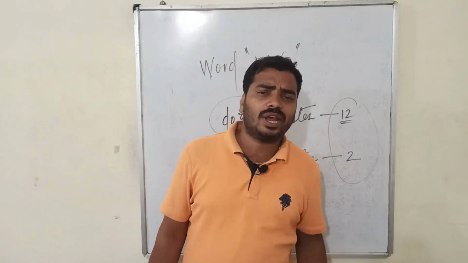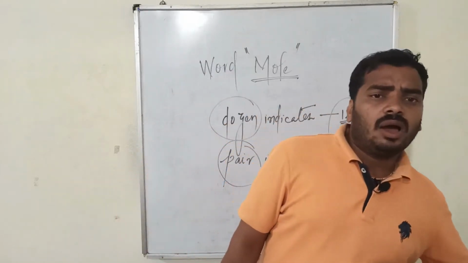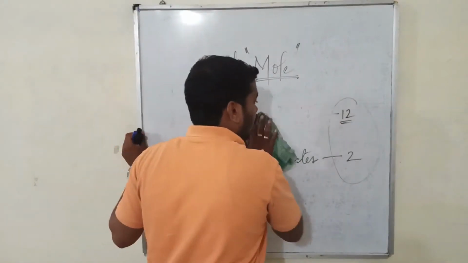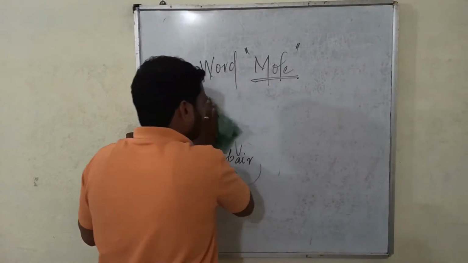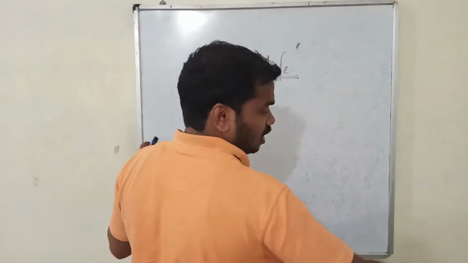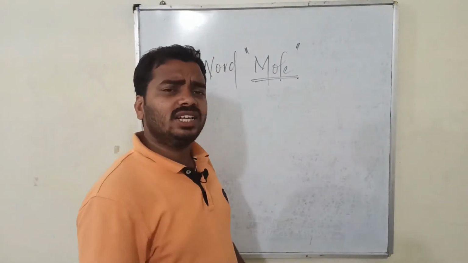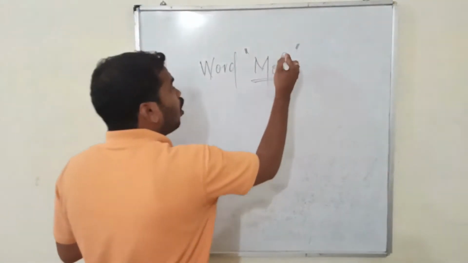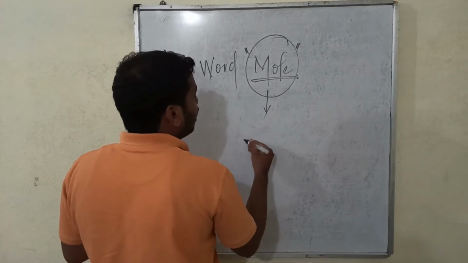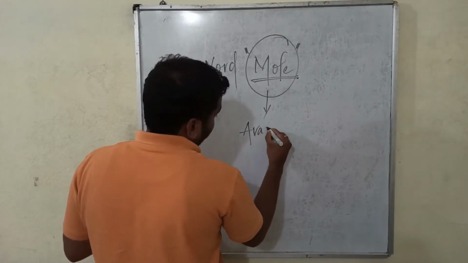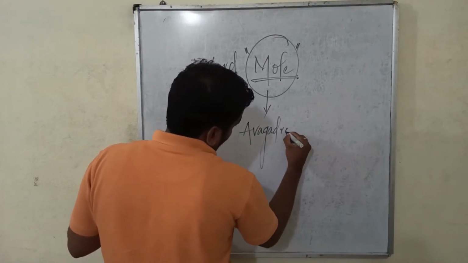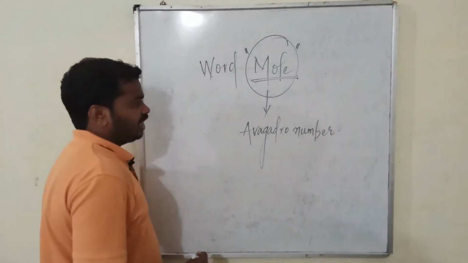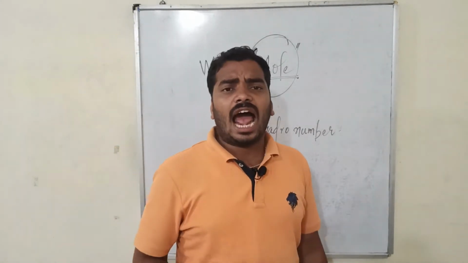To count those small-scale things, you use this term mole. Like dozen indicates 12, pair indicates 2, mole indicates a number called the Avogadro number.